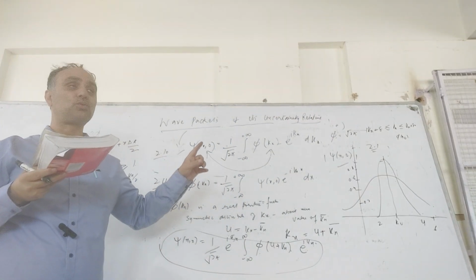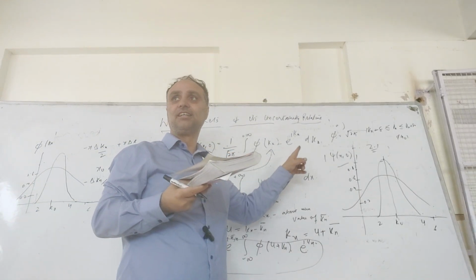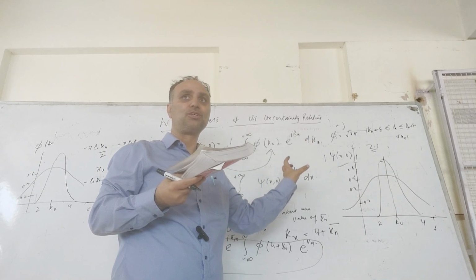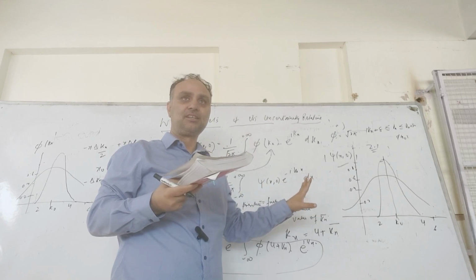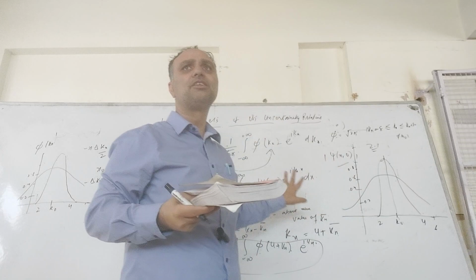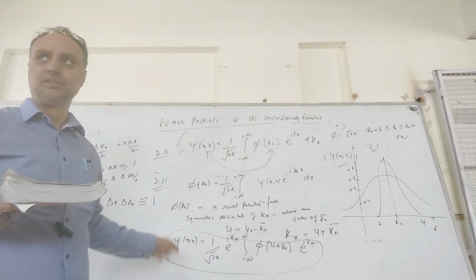So you have to first calculate psi x, then psi star, the square of the modulus, and then plot it. This is basically plotting this function. It will come by examples. Okay?